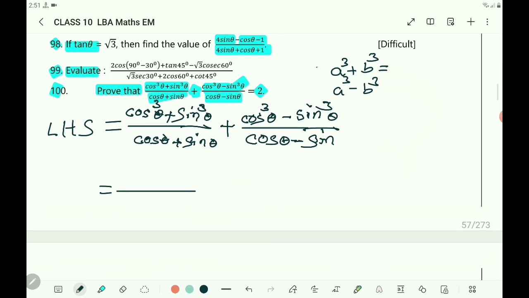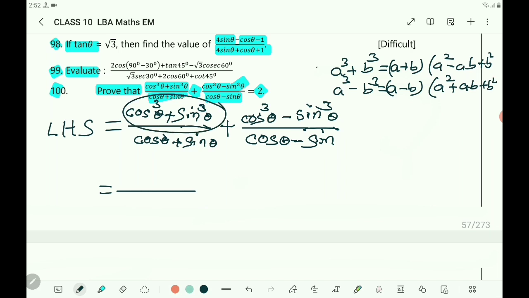The factors of a cube plus b cube are a plus b into a square minus ab plus b square, and the factors of a cube minus b cube are a minus b into a square plus ab plus b square.